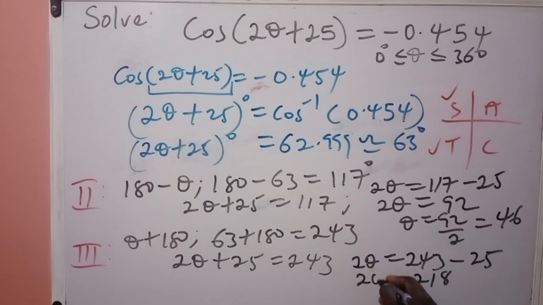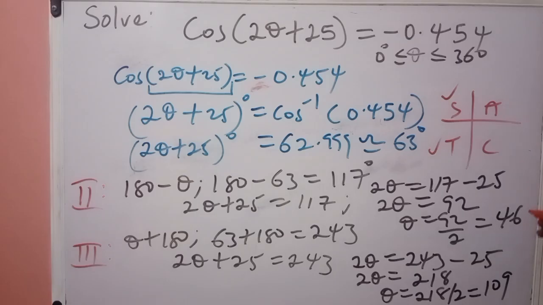So 2 theta is equal to 218, and your theta will be equal to 218 divided by 2, which is a value of 109. So that means in solving this equation, we get our theta values to be 46 and 109.